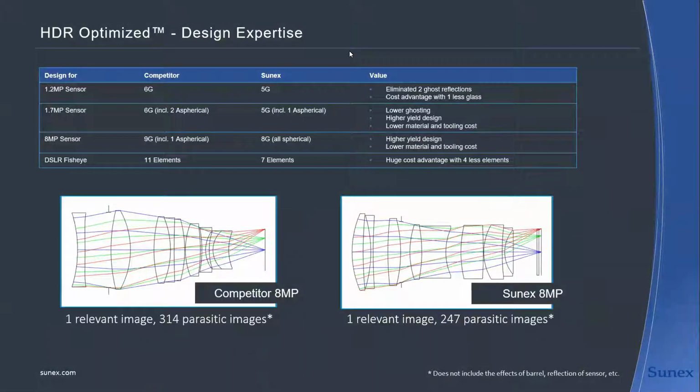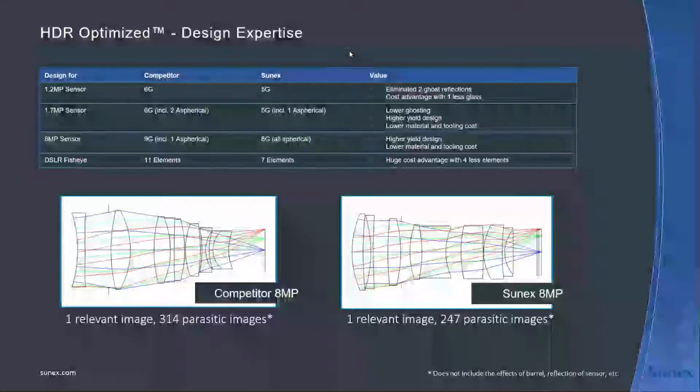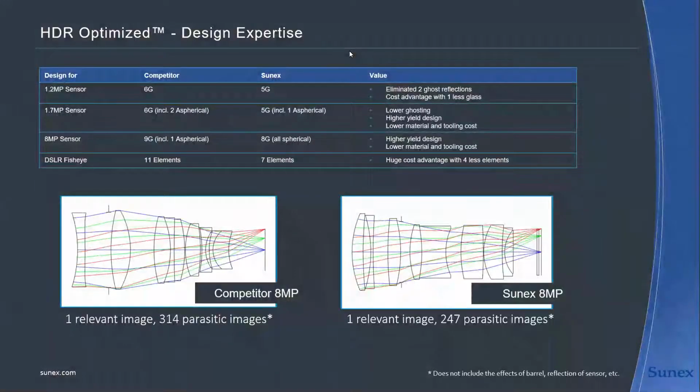We also don't want to be austere. We don't want to sacrifice image quality either. So you do need to use as many elements as is necessary to meet the other performance requirements, particularly things like MTF and relative illumination and field of view, those first order kind of requirements.